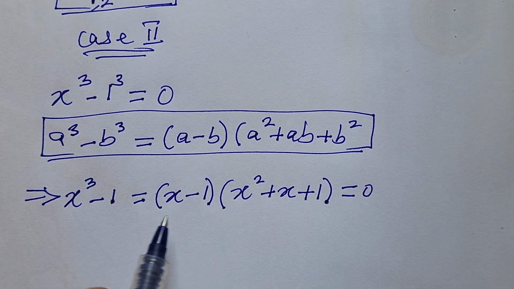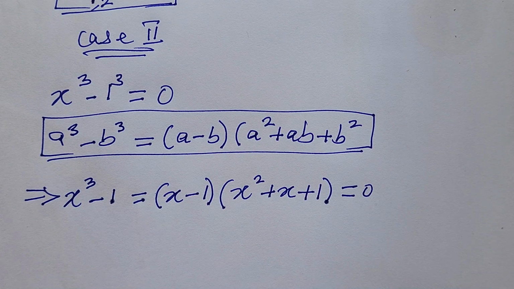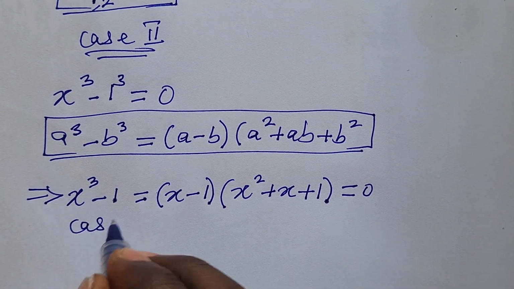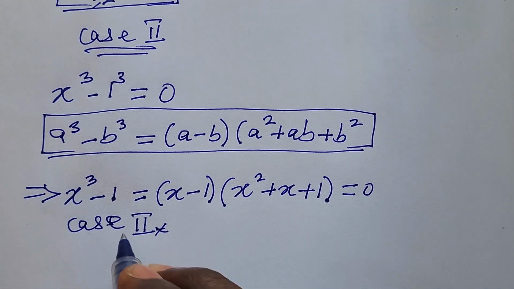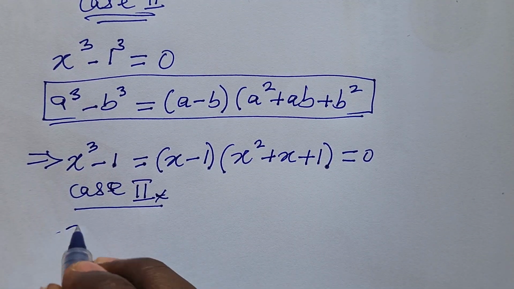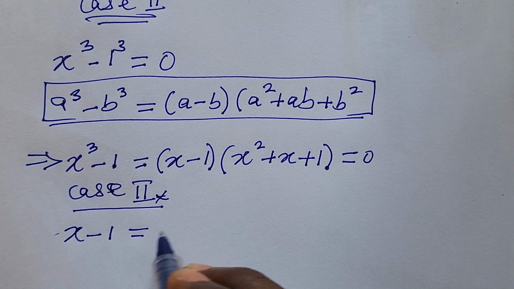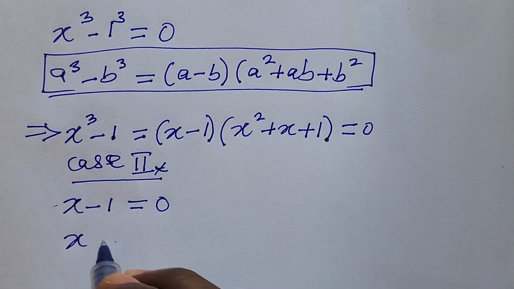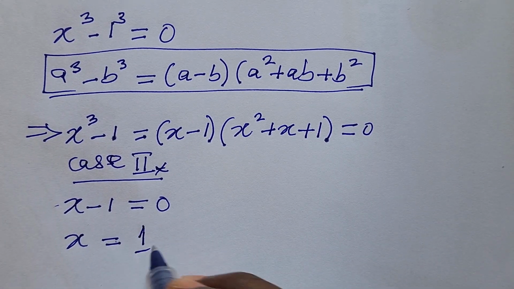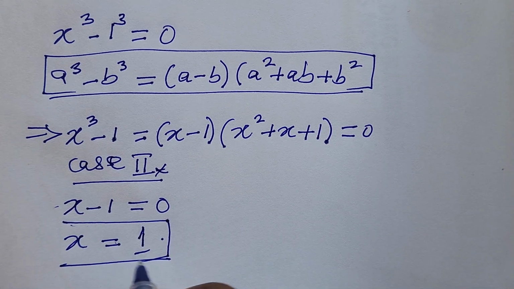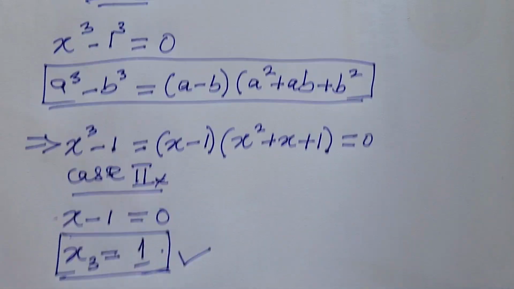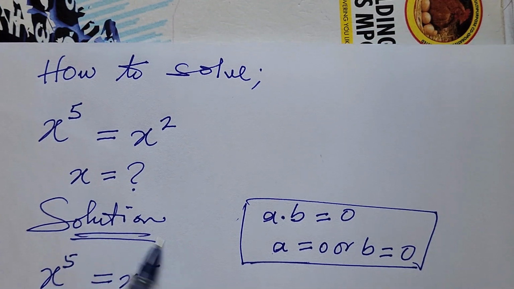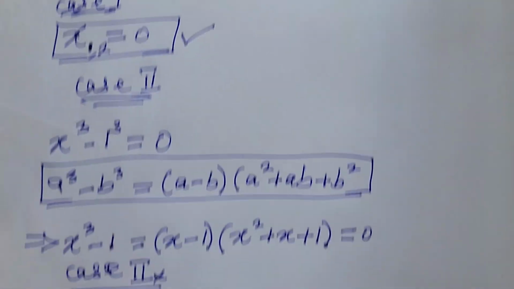So the next one will give us case 2 of star. So we have here case 1 of star. This will now give us x minus 1 equal to 0. So we have x is equal to positive 1. So this is our x3. So x3 is 1, and if we put that into the original equation again, it will satisfy the equation.